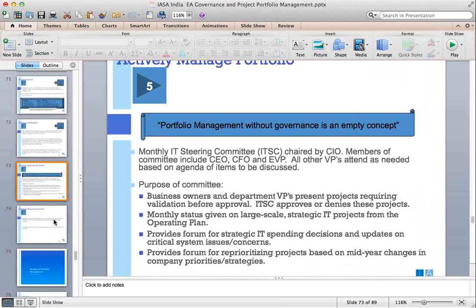One of the governance elements that is essential is portfolio management, a steering committee, as I spoke about a couple of slides earlier, which gives direction on how important it is to bring in a governance model chaired by the Chief Information Officer, who is also going to take over the operational side.